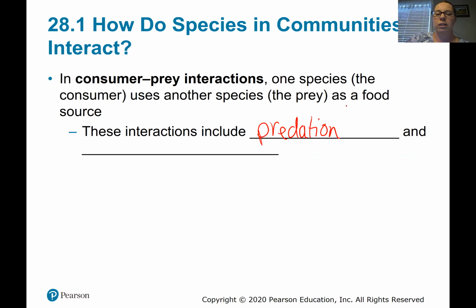But predation in the strictest sense in terms of ecology could be a cow eating grass as well. We typically don't think of a cow as a predator, but that would be the consumer, and the prey item would be the grass. So that's the most basic sense. But consumer prey interactions also include parasitism.